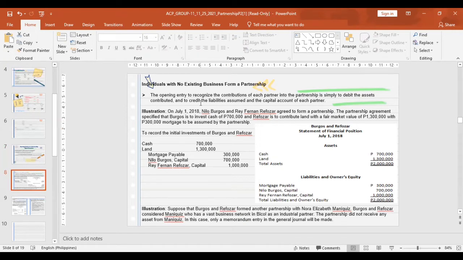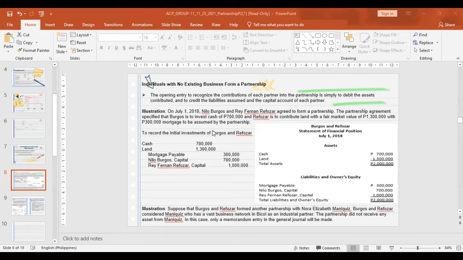So, illustration, on July 1, 2018, Nilo Vargas and Ferdinand Rifozar agreed to form a partnership. So the partnership agreement specified that Vargas is to invest cash 700,000 and Rifozar is to contribute land with a fair market value of 1,300,000, with 300,000 mortgage to be assumed in the partnership.